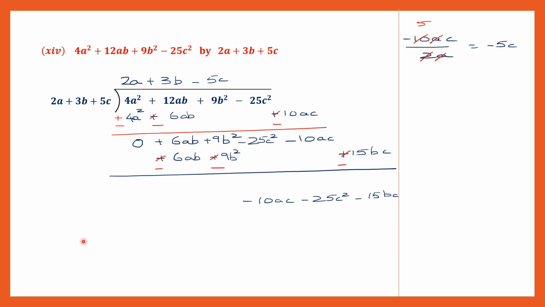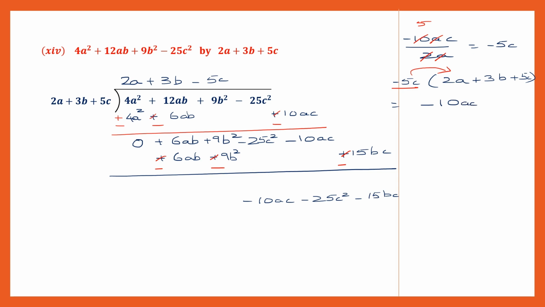Now each term of the divisor has to be multiplied with minus 5c. So let's do that. So minus 5c into 2a plus 3b plus 5c. So let's multiply first minus 5c into 2a. So the sign is minus, 5 2s are 10, c into a, ca or ac.